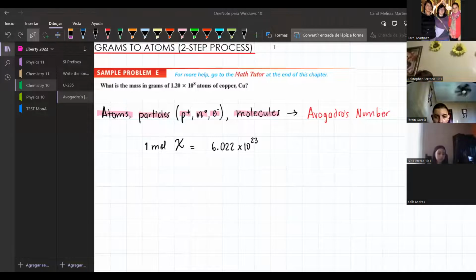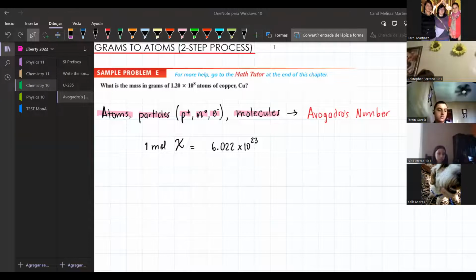It's like the concept of the dozen. If I say 1 dozen of cars, you know that there are gonna be 12 cars, okay? And it's going to change according to the object. In this case, it's going to depend on the substance that we are talking about, but also this is going to be a conversion factor, Avogadro's number. Avogadro's number is 6.022 times 10 to the 23rd power.